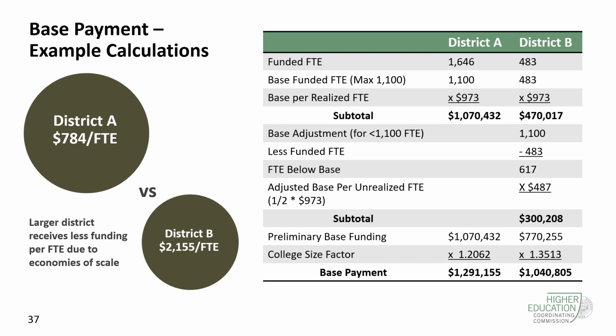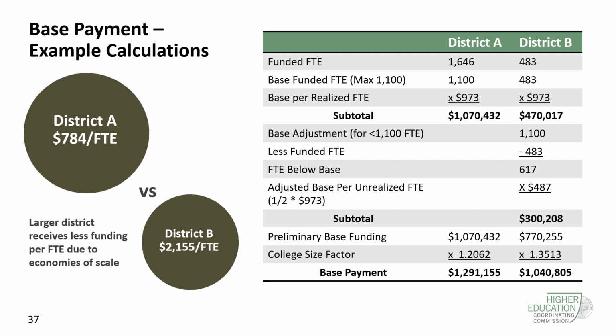That's then adjusted by their college size factor. In this case, it's 1.3513. The college size factors are inversely related to the number of FTE. At 5,000 FTE, essentially, the size factor is 1.0. So if your college is greater than that, the size factor is 1.0. Essentially, there's no adjustment after that.